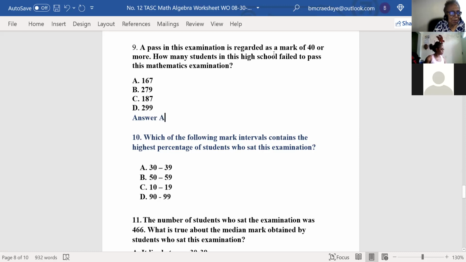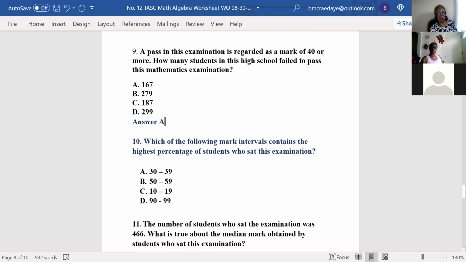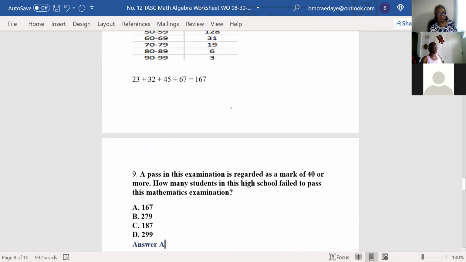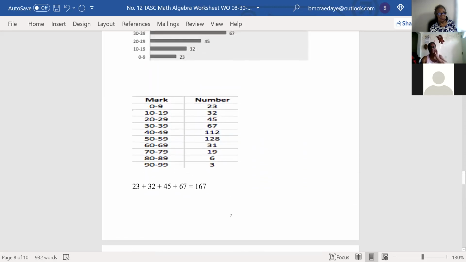Okay. Now, number 10: which of the following mark intervals contains the highest percentage of students who sat this examination? So let's go back to the table or the graph. Which one has the biggest number, Vanessa? 50 to 59, it has 128.